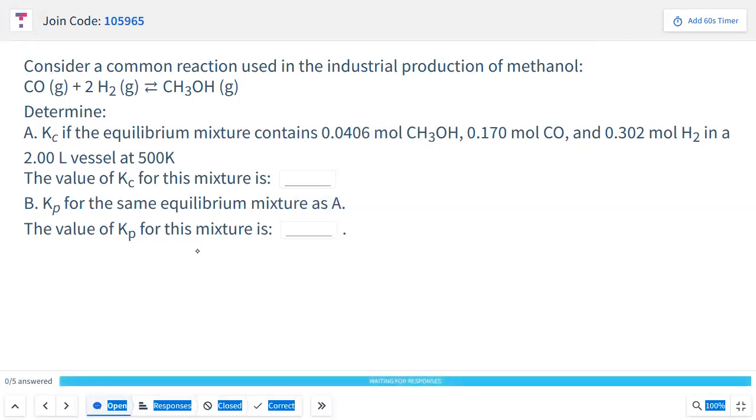I want you to determine the value of Kc if the equilibrium mixture contains that mix of stuff in a 2-liter vessel. And I want you to do the Kp as well. One important thing to keep in mind, these are not concentration values. These are mole values.